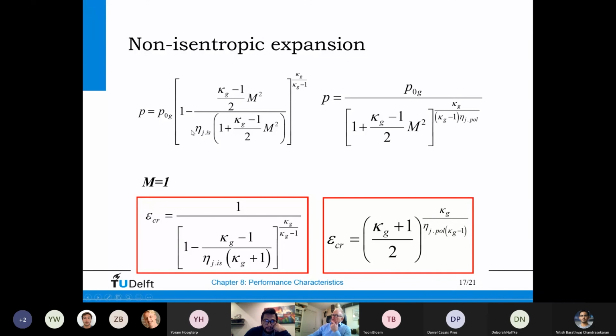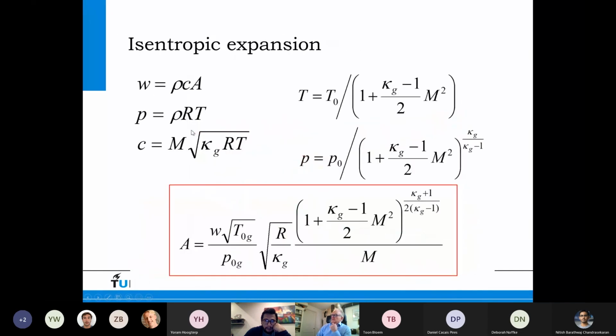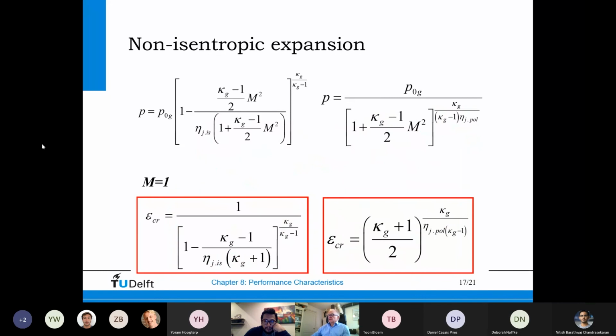Now here you can apply these relationships, but then include an efficiency number, which is actually derived from a ratio of the temperatures, because there will be some losses.